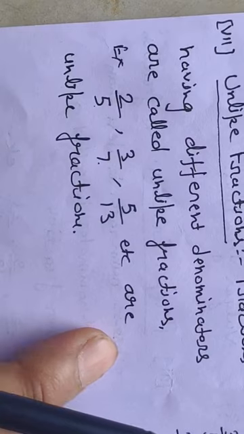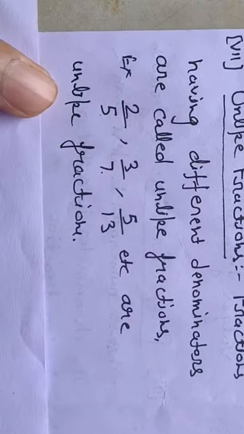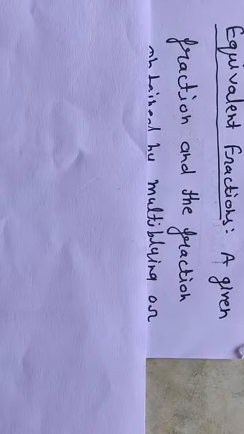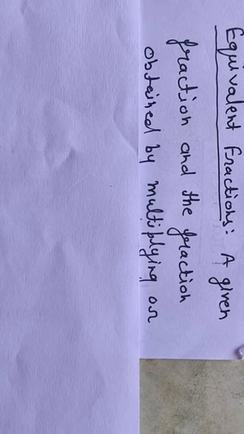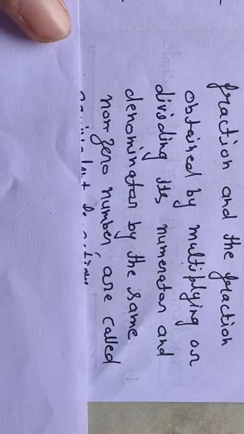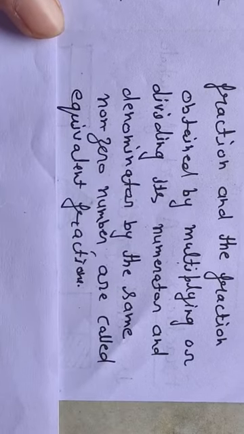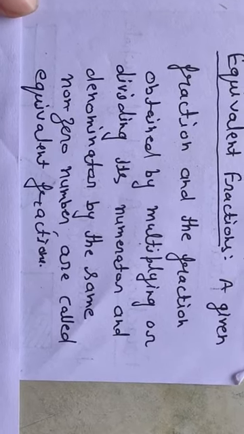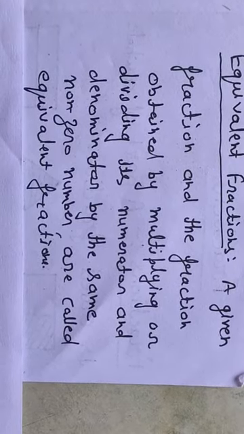Okay, next equivalent fraction. So what is an equivalent fraction? A given fraction and the fraction obtained by multiplying or dividing its numerator and denominator by the same non-zero number are called equivalent fractions. You haven't understood yet, right? Let me explain. Suppose I have a fraction 1/2.